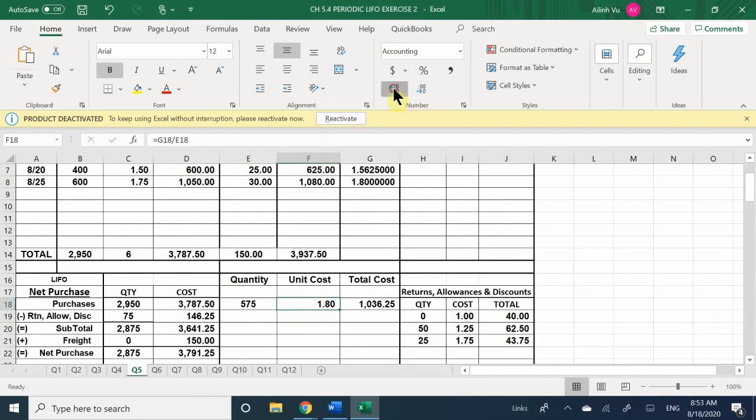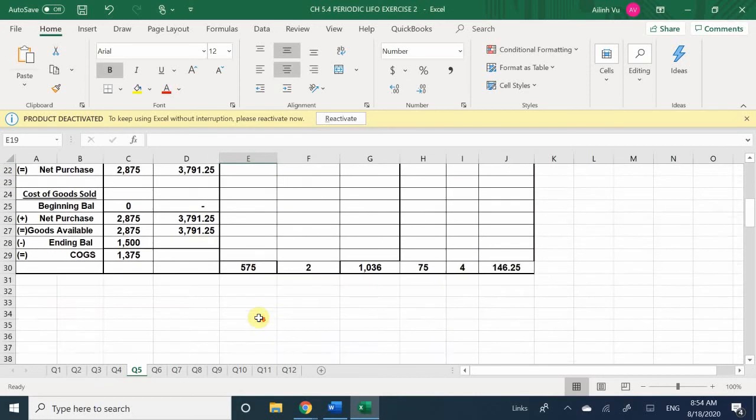We don't need to calculate this, but for those of you who like to do that, it's good practice. So I went ahead and solved for the unit cost, right? Now we have 600 items, okay? How many more items do we need to sell?